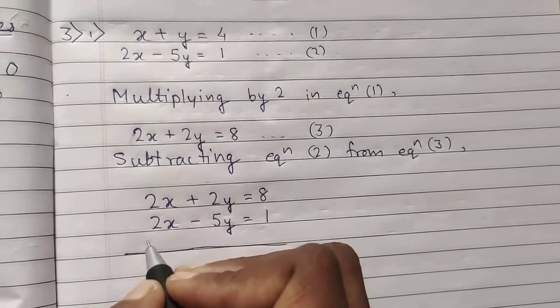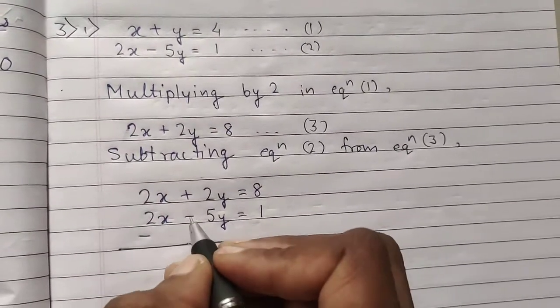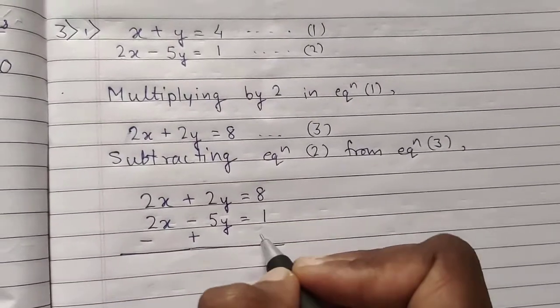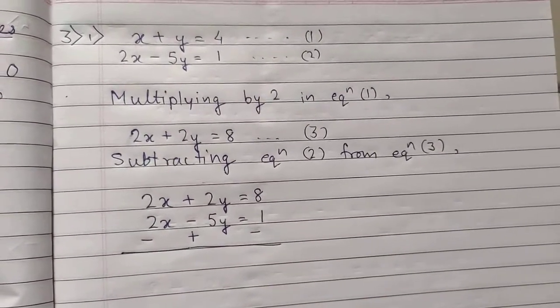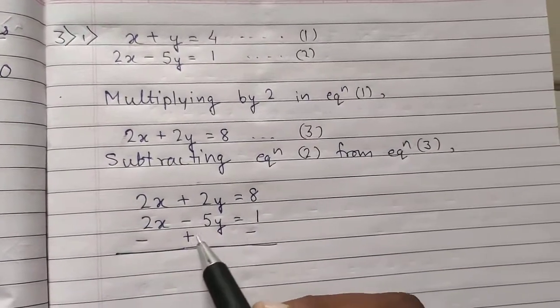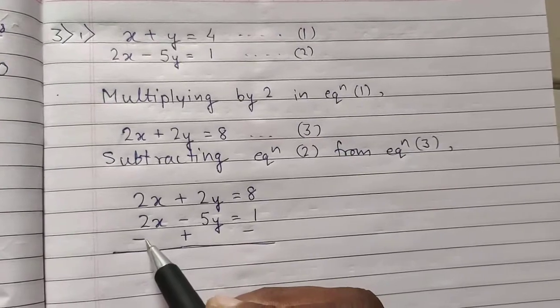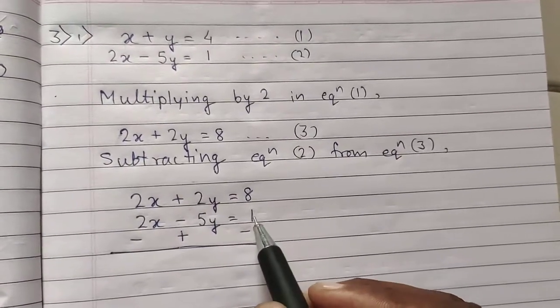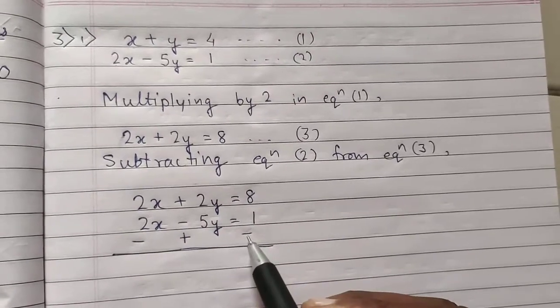So this is plus 2x, it becomes minus 2x. This minus 5y becomes plus 5y. And this plus 1 becomes minus 1. So the signs of the second equation get changed.